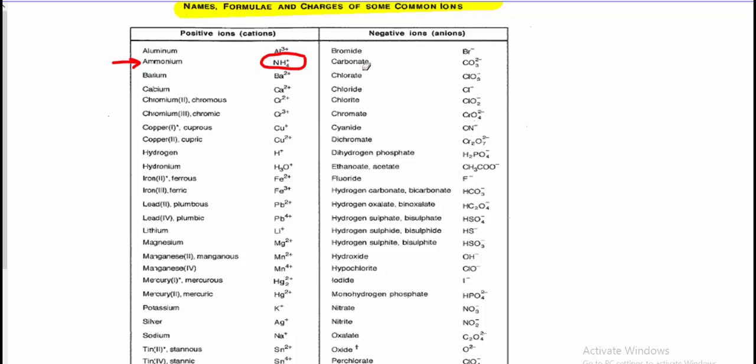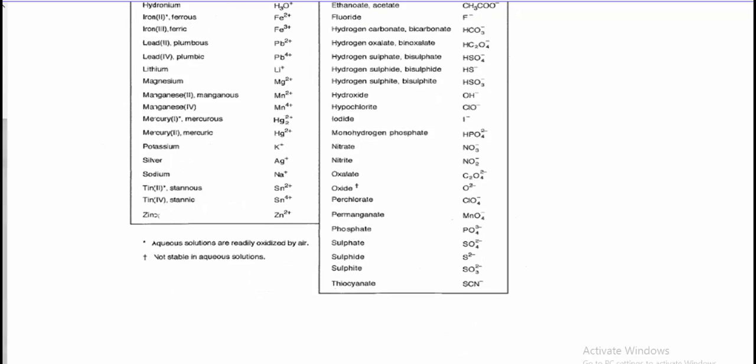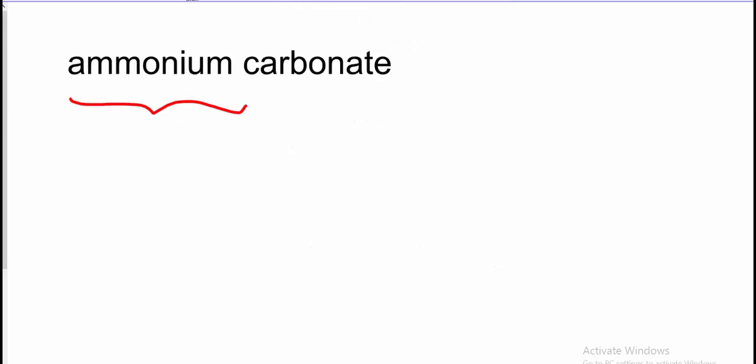So let's go ahead and write that one down. NH4 plus 1. And carbonate is also a polyatomic ion. How you know that this is not carbide is the ending.